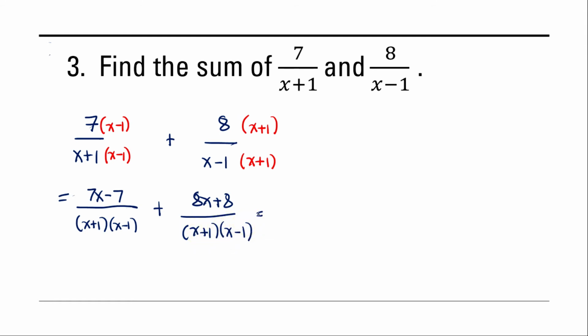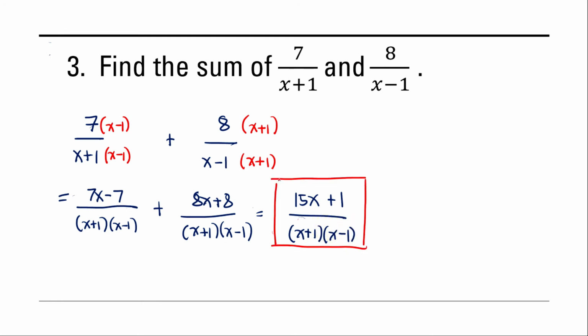Combining like terms for the numerators, we have 7x plus 8x, that will give us 15x. Negative 7 plus 8, that will give us plus 1 over x plus 1 times x minus 1. And this is already our answer.